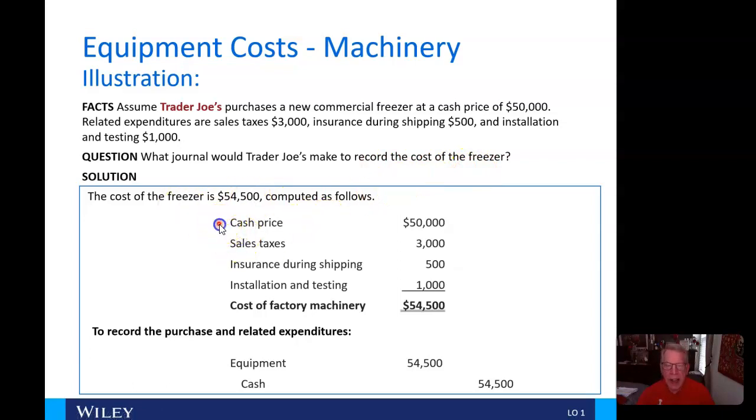Well, we have our cash price, $50,000. We have our sales tax of $3,000. We have insurance during shipping, $500, and installation and testing, $1,000 for a total cost of factory machinery, $54,500. So our journal entry, very simple. We debit equipment, $54,500, credit cash to pay for it, $54,500.